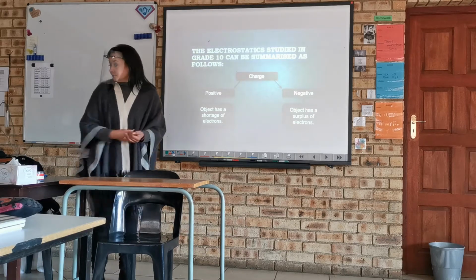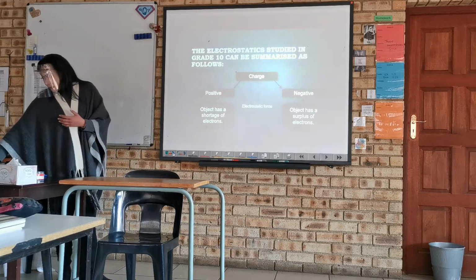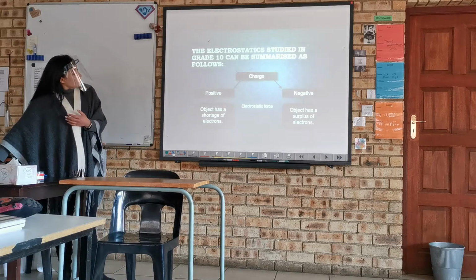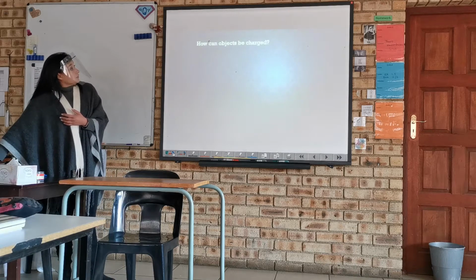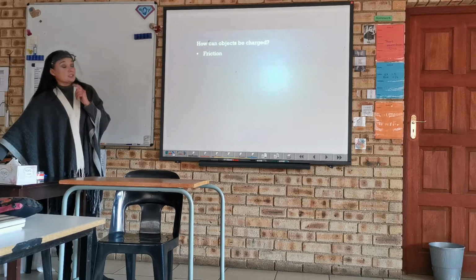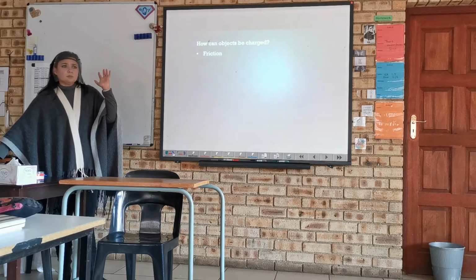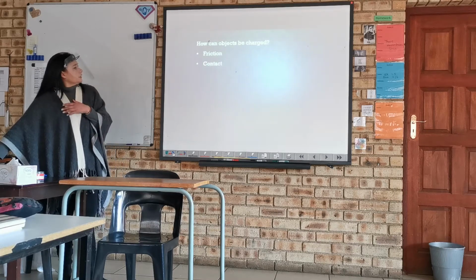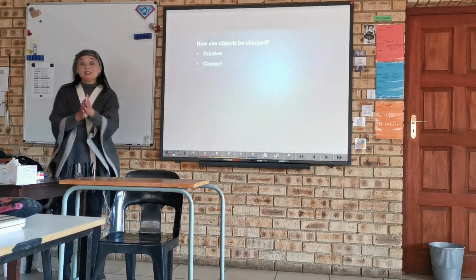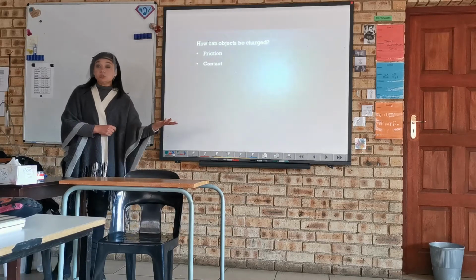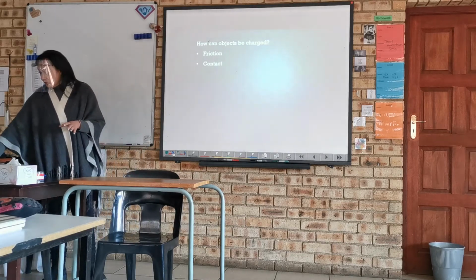Now, when we talk about electrostatic force, we need to look at the following. How can an object be charged? According to grade 10 stuff, we can use friction. You've seen me do the whole thing with the balloon in my hair, yes? We can use contact. So one thing touches something else and it becomes charged. I've done that with an electroscope with you.